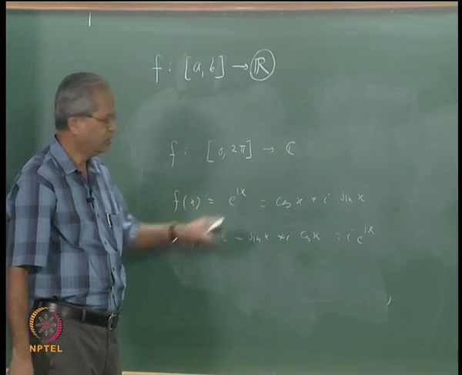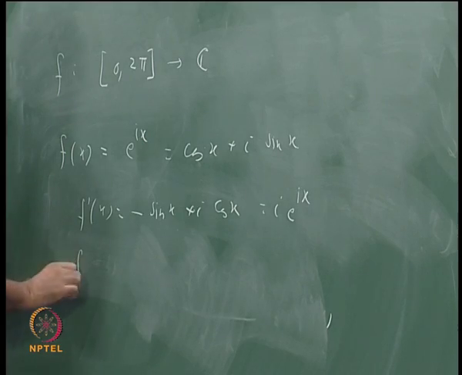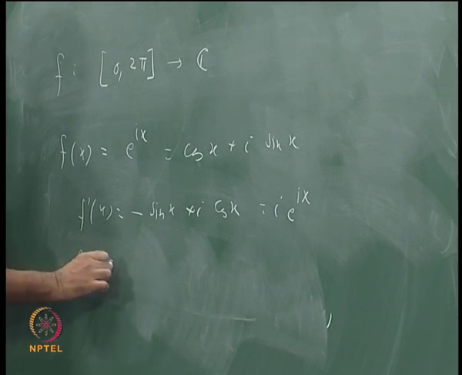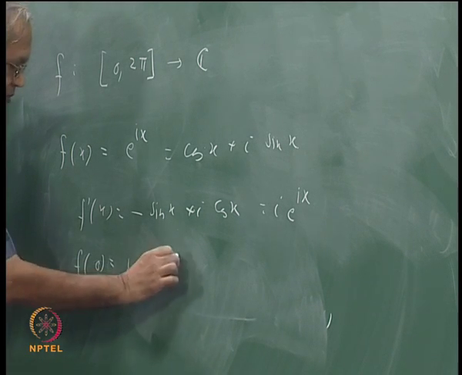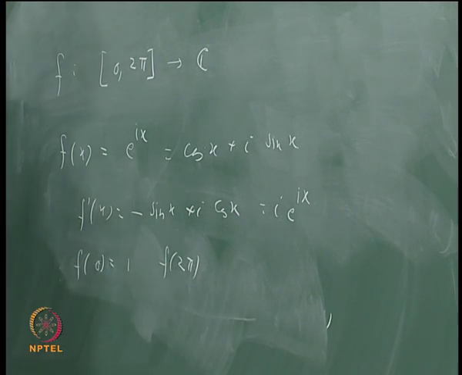What is f at 0? f at 0 is 1. What is f at 2 pi? f at 2 pi is also 1. Now if the mean value theorem were true, what should happen?